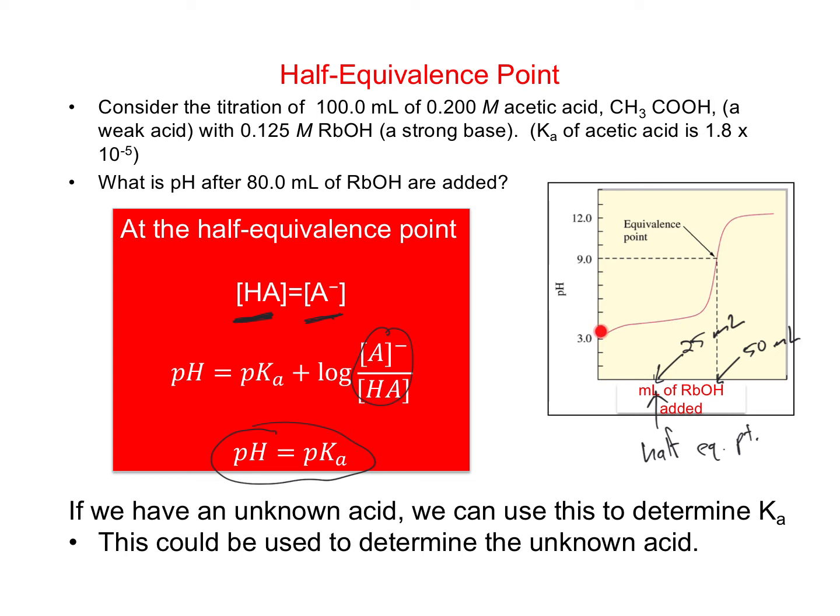That will tell us the pKa, so we can determine the Ka, and this could be used to determine an unknown acid. We could compare the Ka of our unknown acid with other common Kas of known acids, and thereby determine what our unknown is. So the half-equivalence point, a very important part of a titration curve, and an important thing to remember.